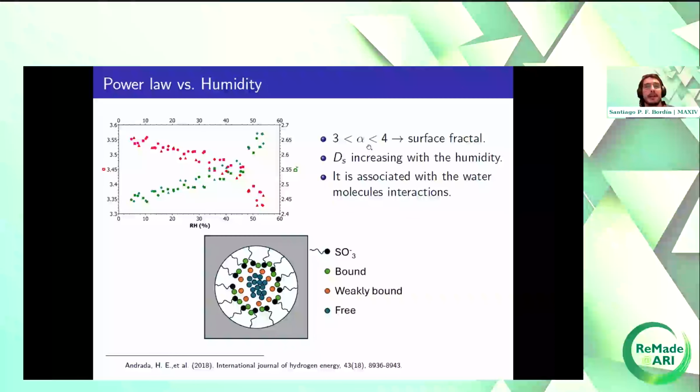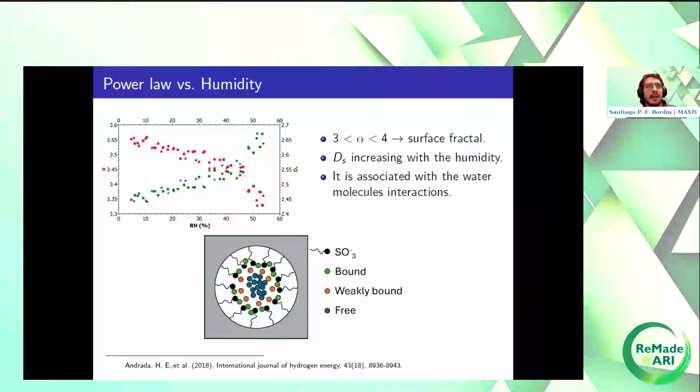This parameter is related with the dimension. So the fractal dimension of our channel starts to increase with the humidity. That means the order of the molecules in our channel starts to decrease. So we are trying to find the connection, but for this study, we know that the water starts to bond in different ways when the membrane is uptaking water.